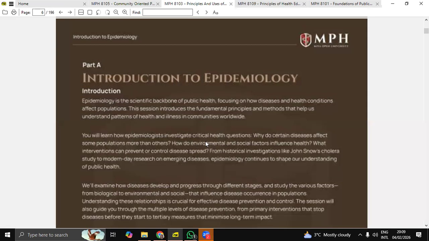I have to mention that we are going to skip the historical development of epidemiology, because yesterday, when we talked about the foundations of public health, we talked a lot about the history. Epidemiology is under public health, and a lot of its history was already mentioned in study session 1 of foundations of public health.